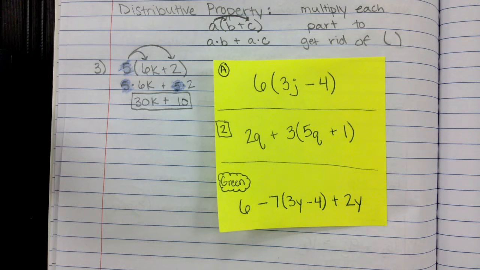So 6 times negative 4. So 6 times 3 was 18j. 6 times negative 4 is negative 24. Could you write your answer like that? Yeah, either one is right. You can do a plus of negative 24, or you can write a minus. Either way.